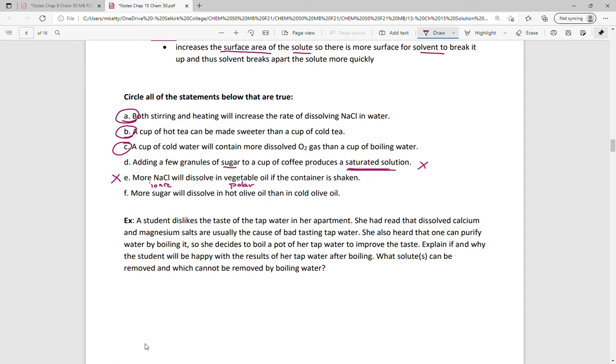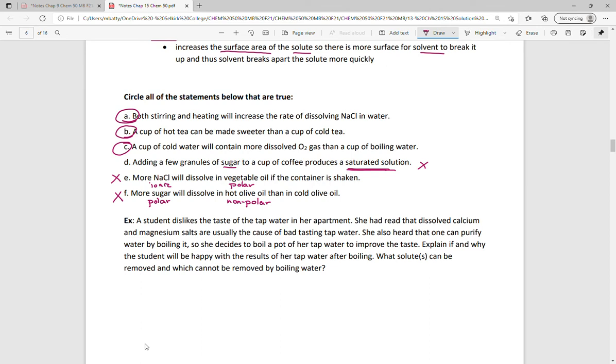The last one says, more sugar will dissolve in hot olive oil than in cold olive oil. So we'd have a polar thing trying to dissolve in a non-polar solvent. So again, when you heat things up, you can get more to dissolve, but if they don't dissolve in the first place, then that makes that statement not true.